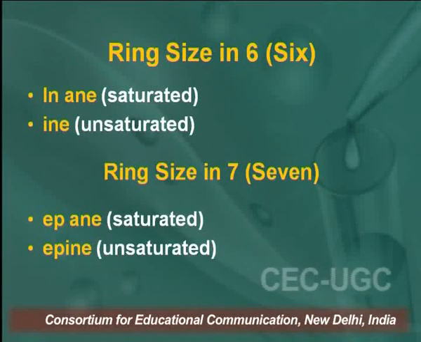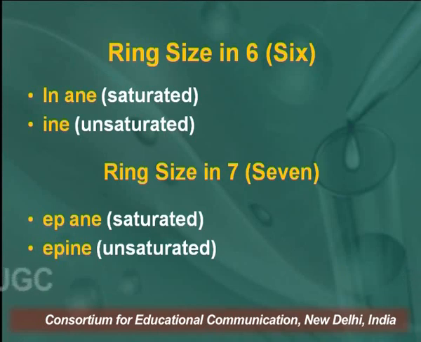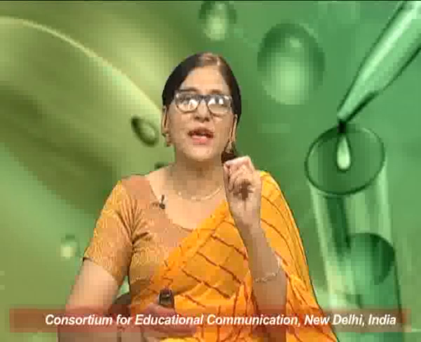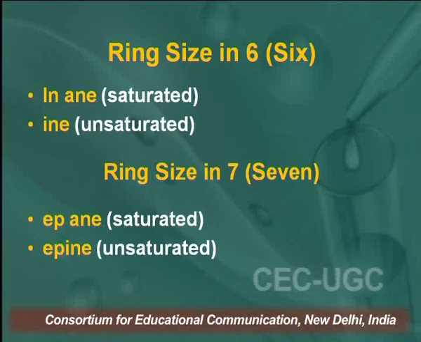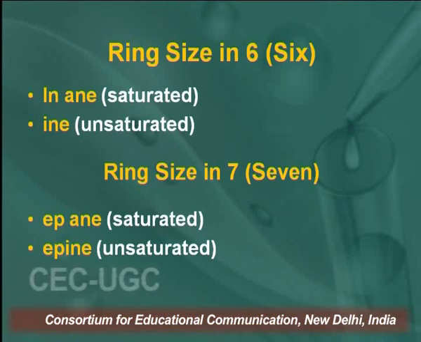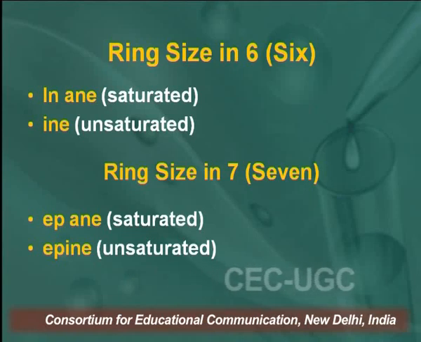Now if the ring size is 6 and the ring is saturated, the suffix is -in, as I told you in the previous slides. Similarly, if the ring is unsaturated, you just write -ine.